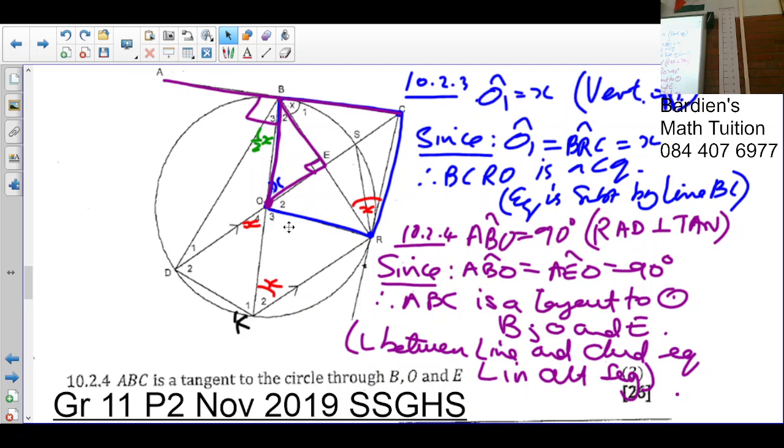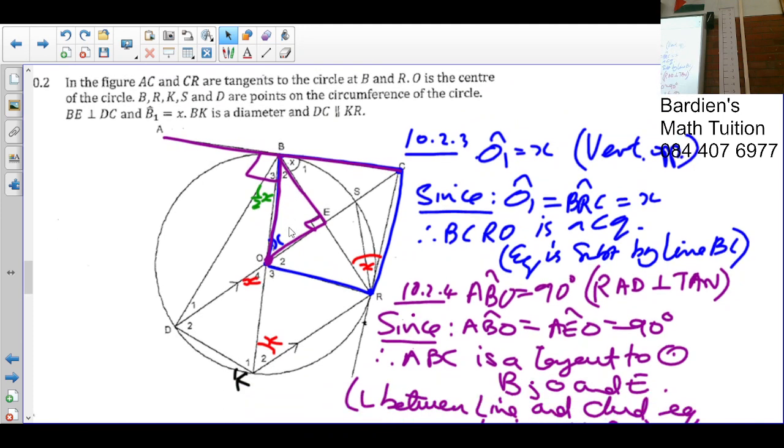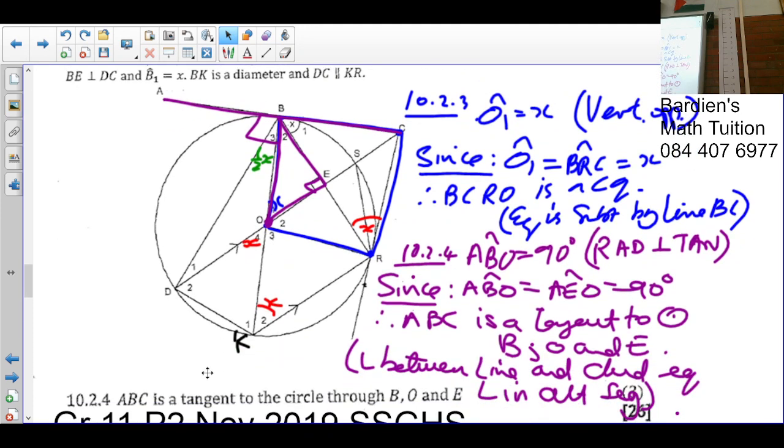Let's go back to 10.2.4, this one. Why don't we just use B1 and O1? Yes, 100%, so much easier. Here we don't have to state anything else.